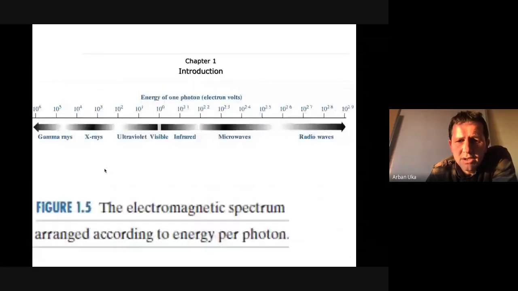But the visible range, which is shown in here, somewhere in the middle, is where the energy of each photon is 1 electron volt, but we are not very good at reading these values in terms of the energy. We are better at knowing the relevance of the image acquisition technique or a different imaging modality based on the wavelength.